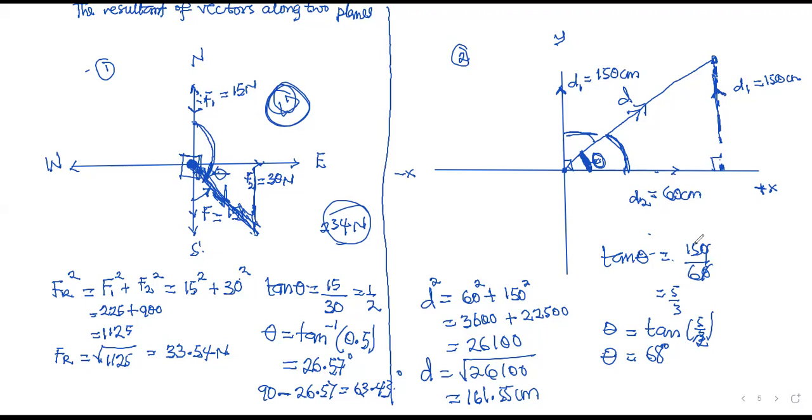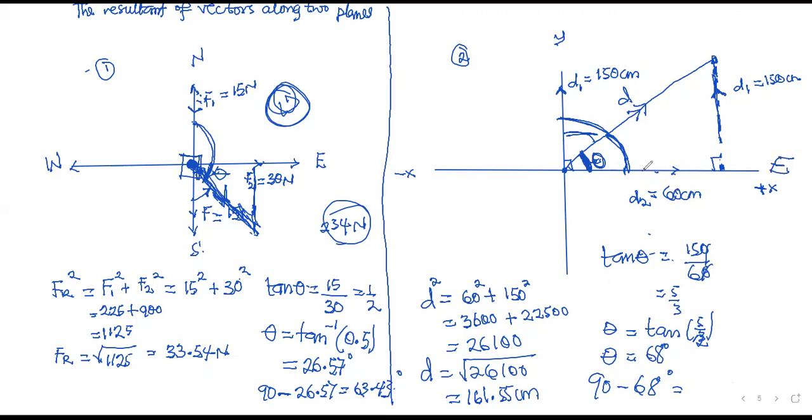Okay. So Anita, once we have this, we can then calculate the angle the resultant makes with the north or with the y-axis, and that is 90 minus 68 degrees. So the 68 means that the resultant makes an angle of 68 degrees from the east.